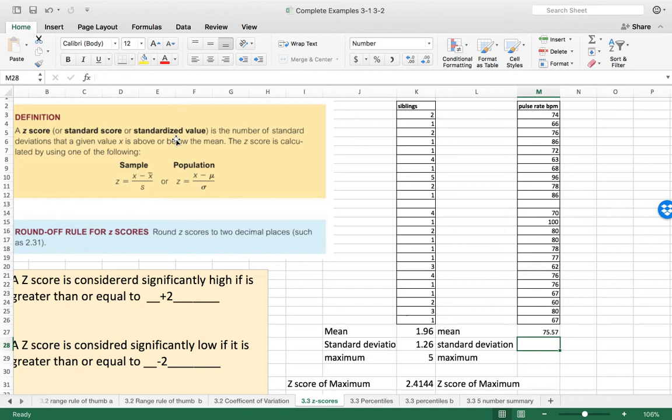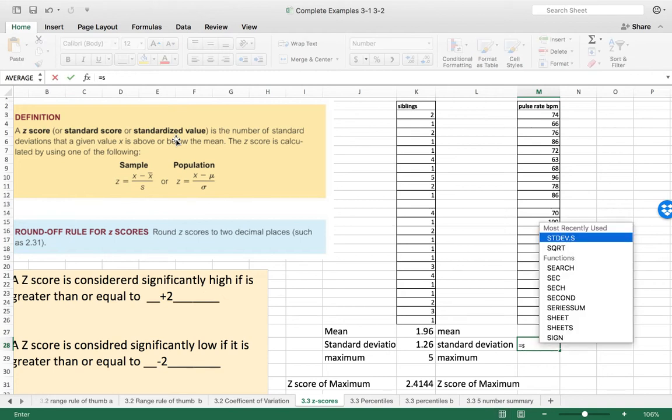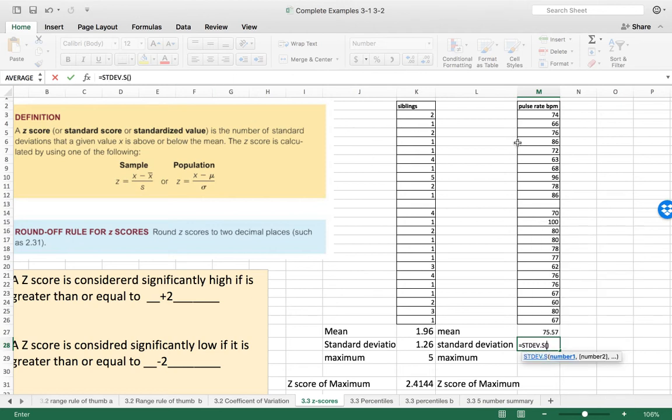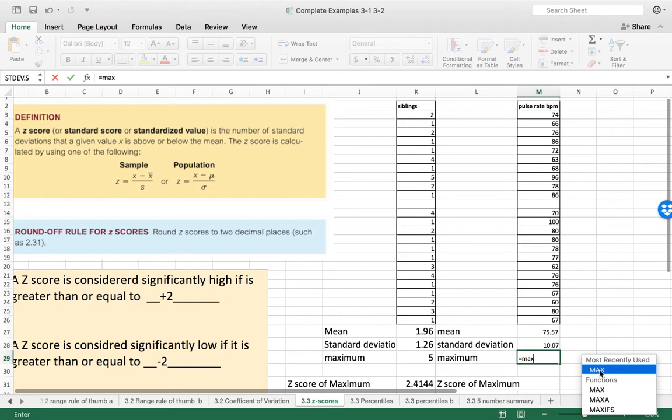Okay, mean is 75.5 or 75.6. We'll find the standard deviation and we'll call it standard deviation of a sample. Select our data. We'll find the maximum.